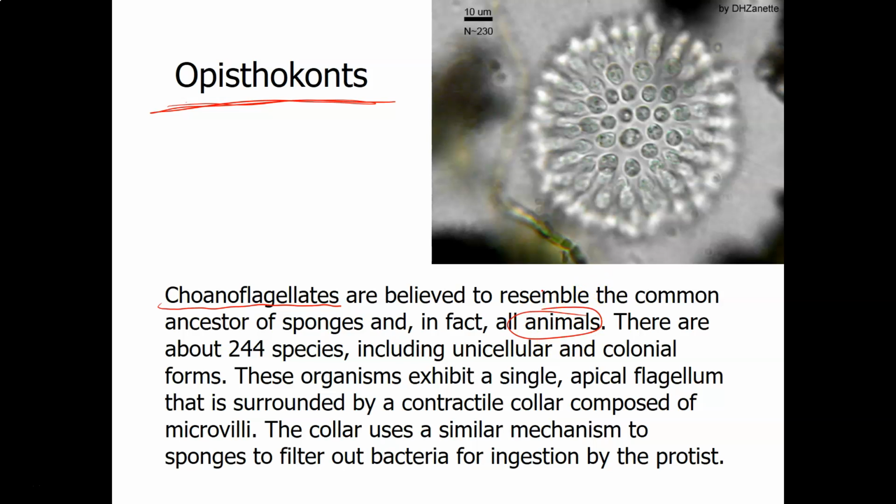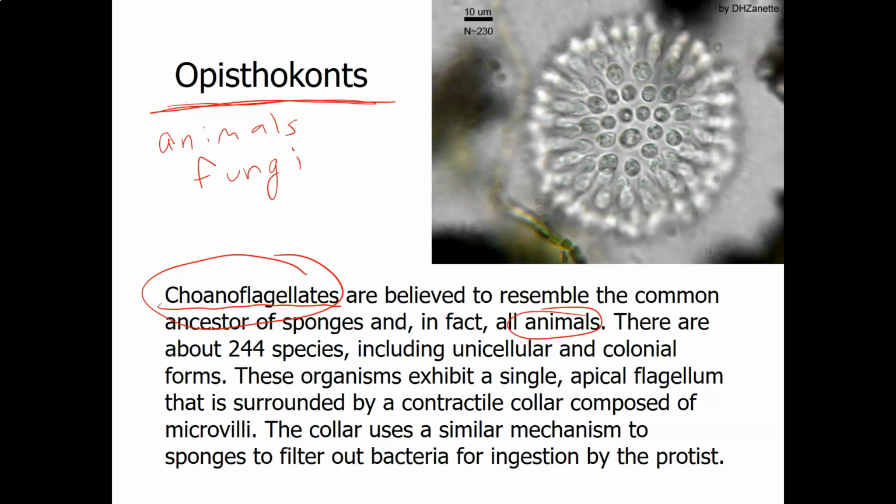It doesn't say it, but the epistoconts contains the animals and fungi, which lets you know that a fungus is more closely related to an animal than it is to a plant. So animals, fungi, and then these choanoflagellates. These are the members of the supergroup Epistoconts, and we're really more concerned with the choanoflagellates.